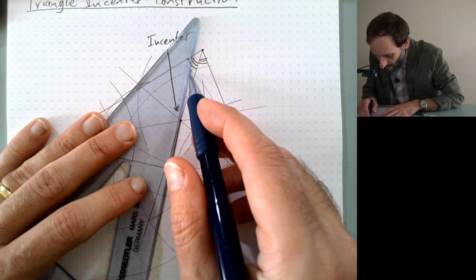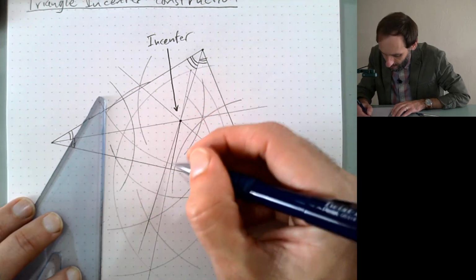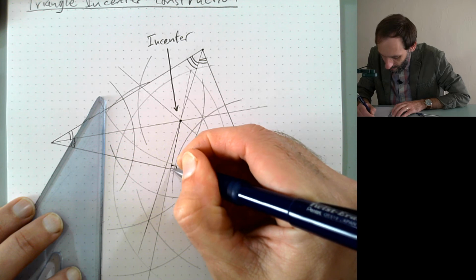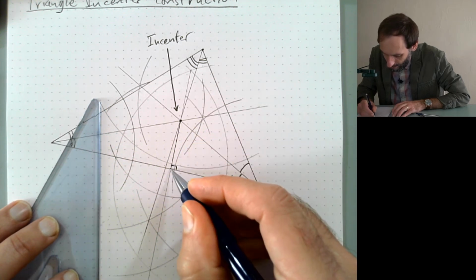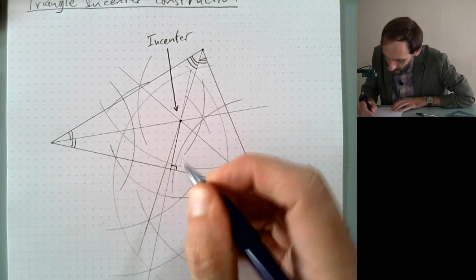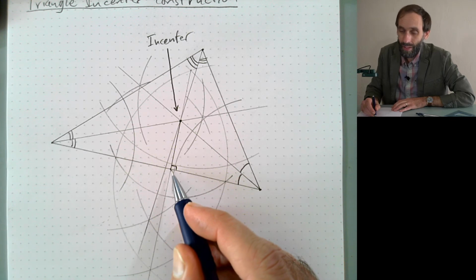I'll go ahead and just draw the whole thing out. Okay, but the perpendicular that I'm concerned about is this one right here. We see that right angle and that point right there. This point is the point that I'm going to use to determine the radius of the incircle.